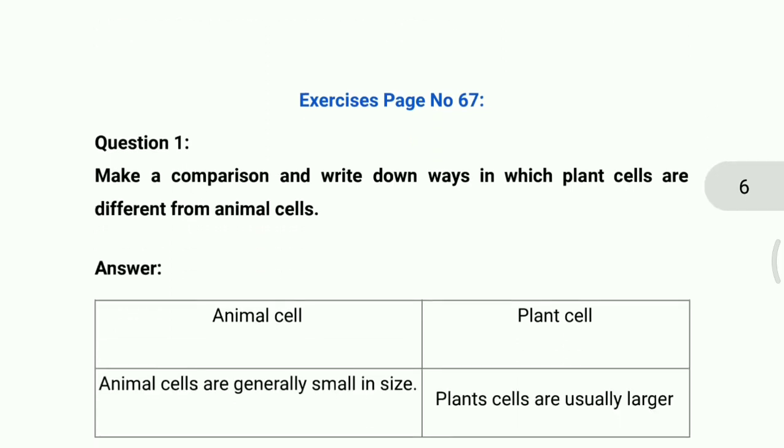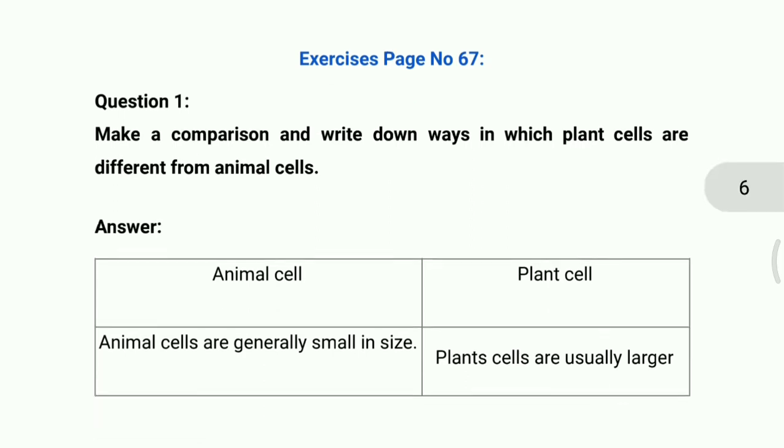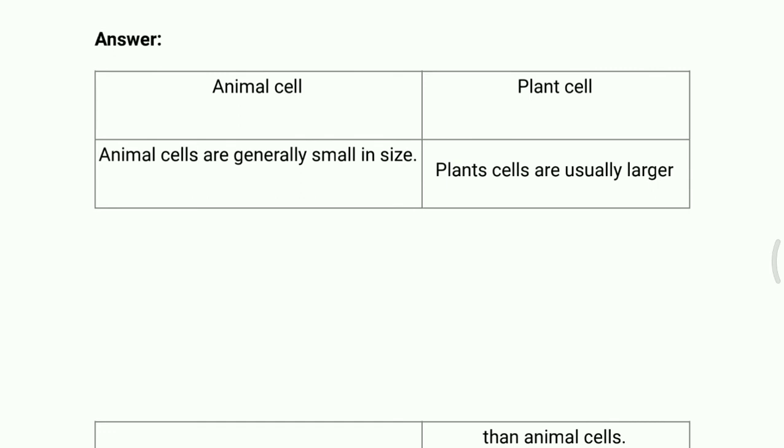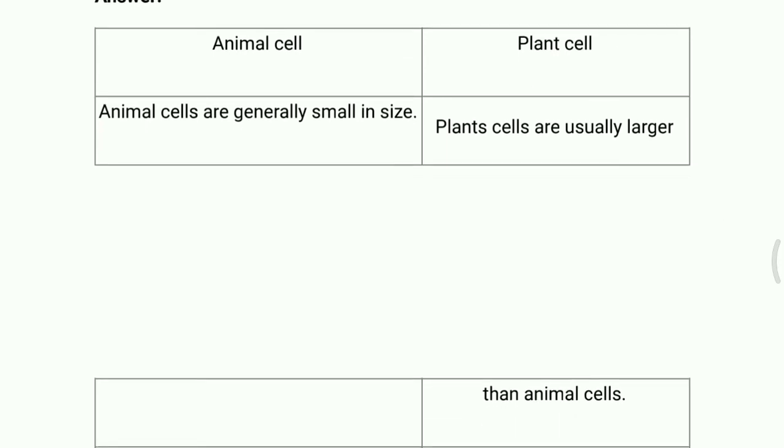Page number 67. First question. Make a comparison and write down ways in which plant cells are different from animal cells. Answer. Animal cell and plant cell. Animal cells are generally small in size. Plant cells are usually large.